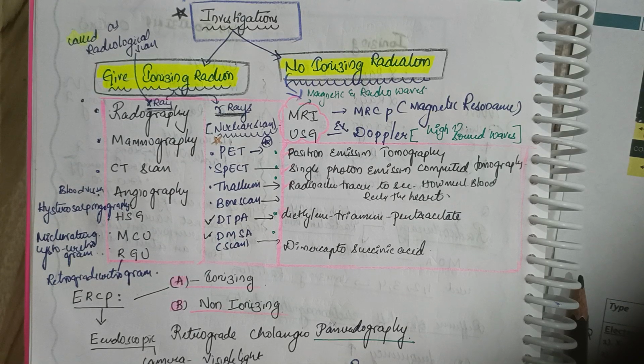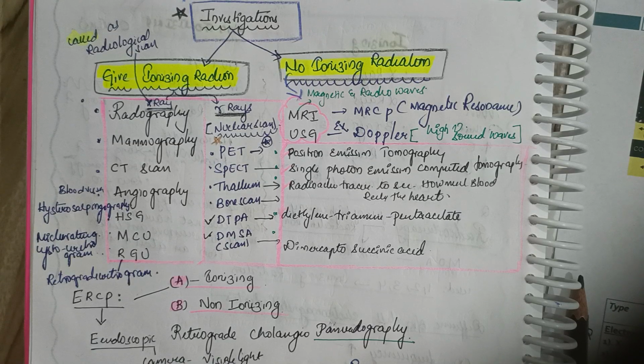USG includes Doppler, which uses high frequency sound waves. So the examples under the non-ionizing radiations are USG, the one which uses sound waves, and MRI, the one which uses magnetic resonance.